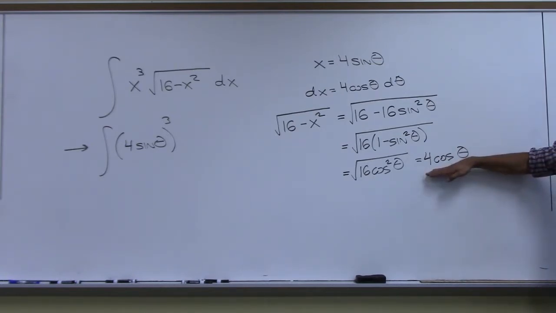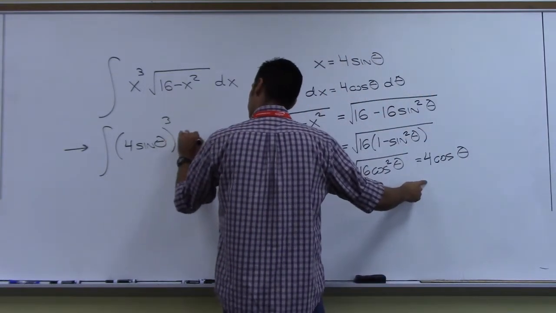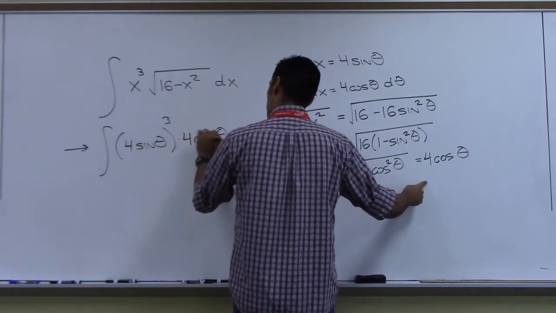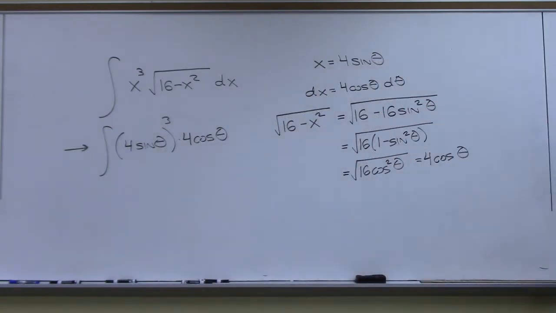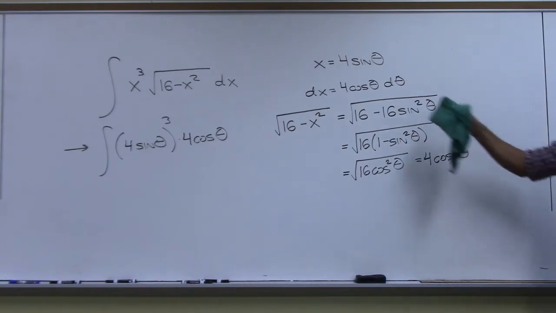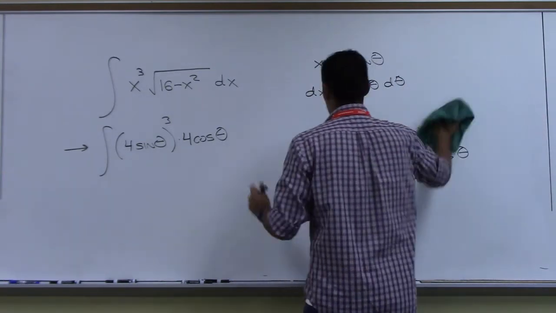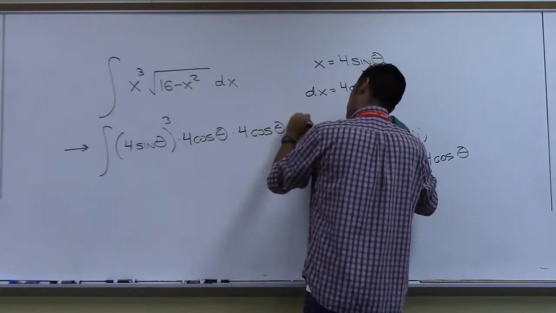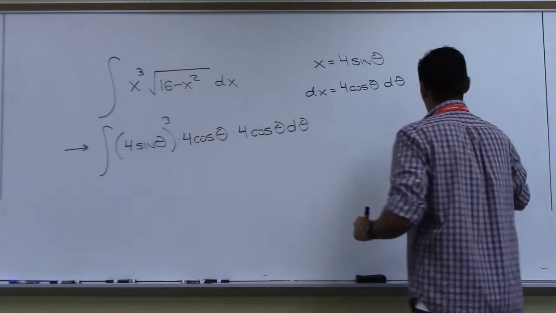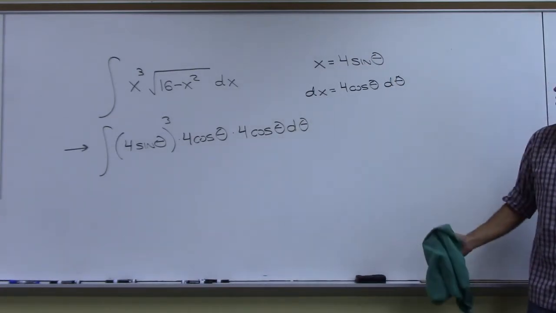Vanessa, you see that? Okay. So that's 4 cosine theta. Ruben, what's dx? That's right, 4 cosine theta d theta. We got it all? See it all? Let's clean this up.